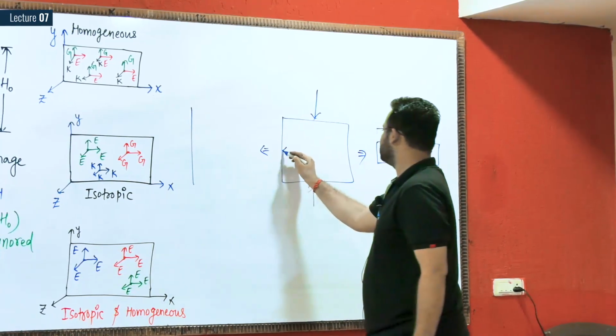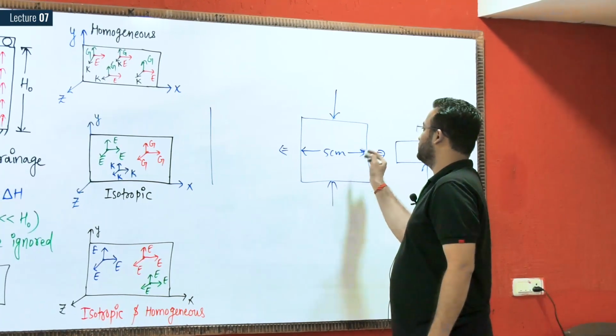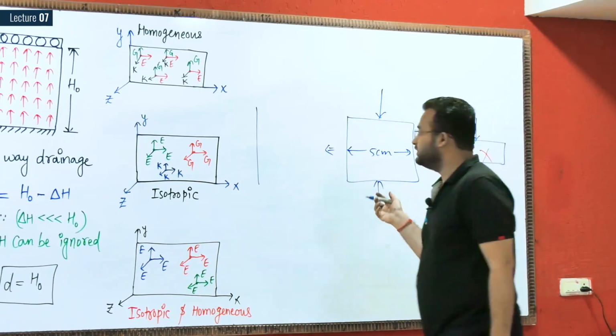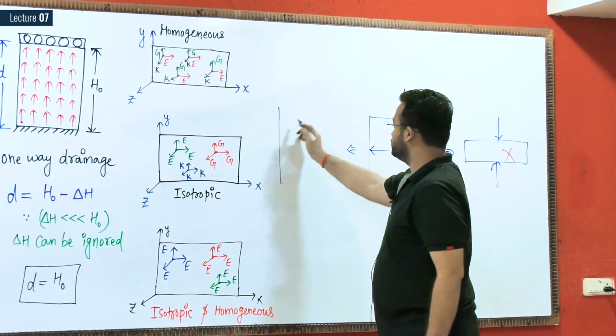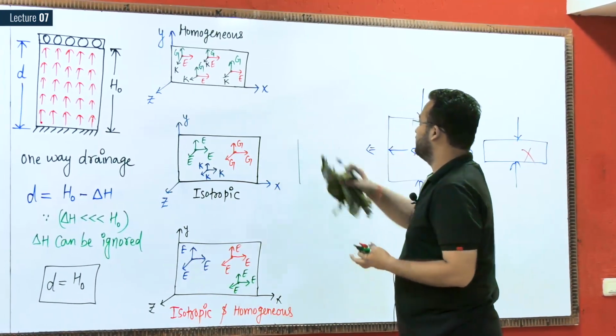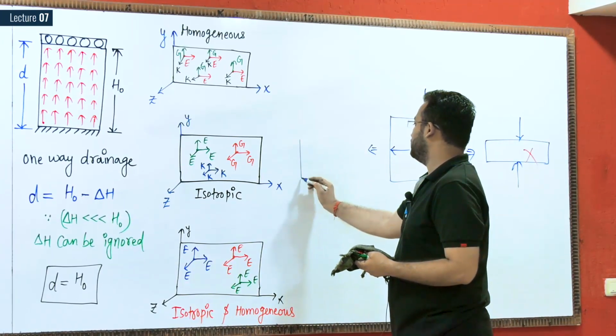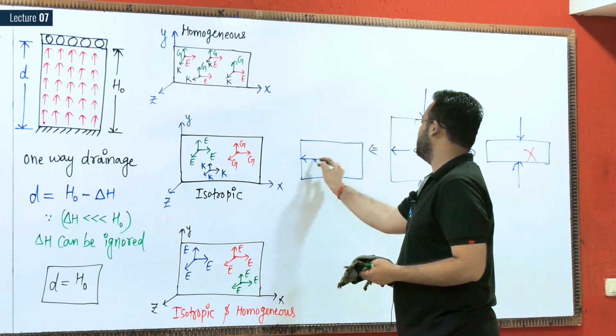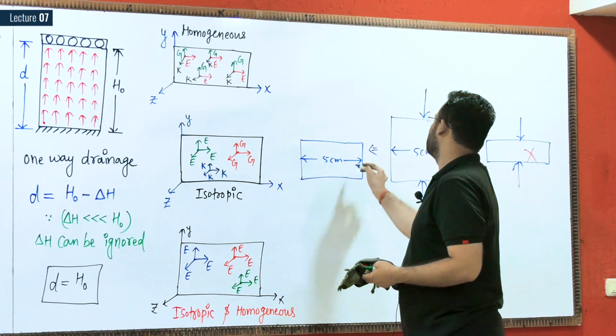If the width of the original sample is 5 centimeter, then here the width should be 5 centimeter only. This is again the same 5 centimeter.